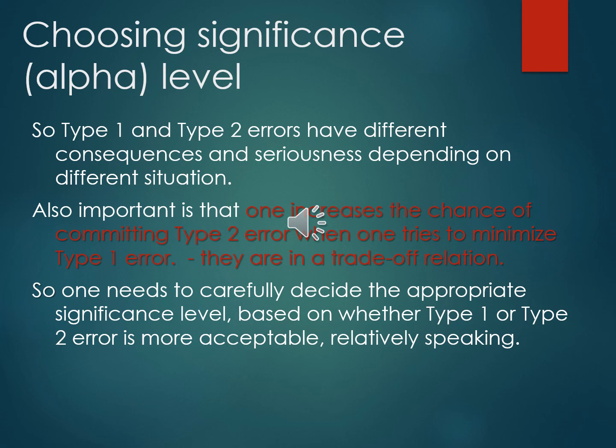Generally, at the early stages of research, type 2 error is more serious. The reason? Because sometimes what you try to detect is a very small effect.